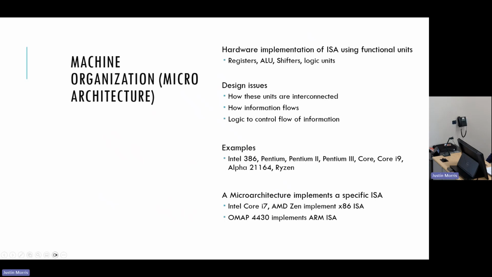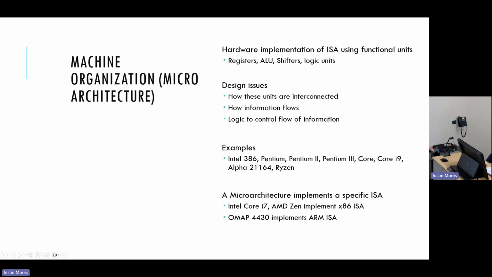So here are our examples. We have all of these Intel chips, and we have an AMD chip. And a microarchitecture is usually implementing a specific ISA. So we have Intel's Core line, AMD, they have their Zen line, they have their Ryzen line. So the Zen line is just short for Ryzen. They also have their EPYC line.